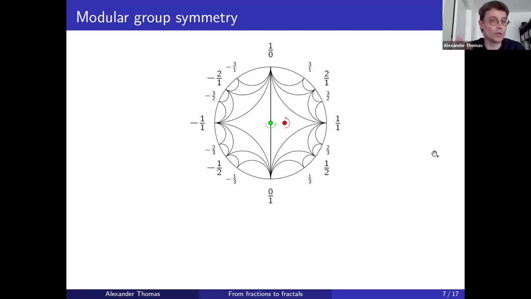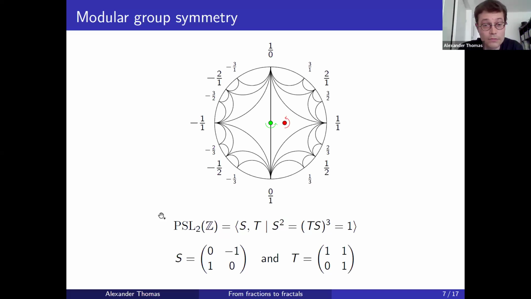It's a hyperbolic picture, so these are hyperbolic symmetries, and they act by isometries. The isometry group of the hyperbolic plane is PSL2R. But here we have a discrete subgroup, and this subgroup is the modular group.